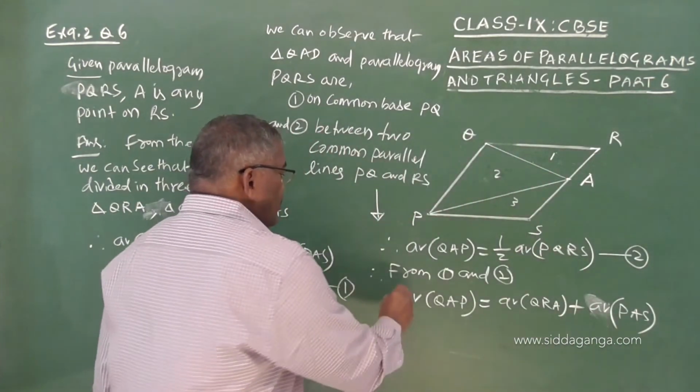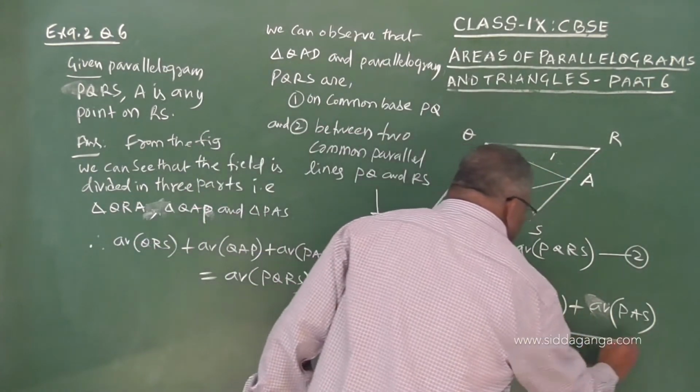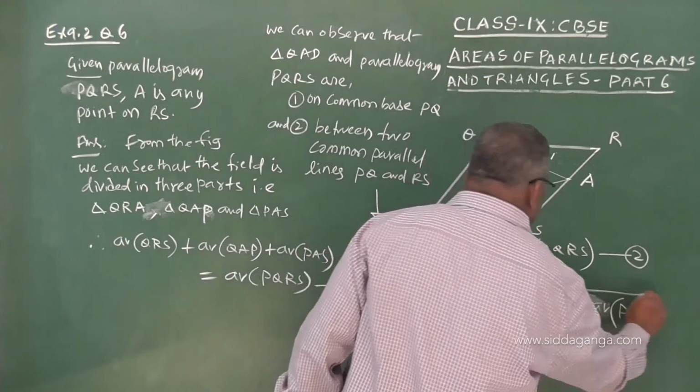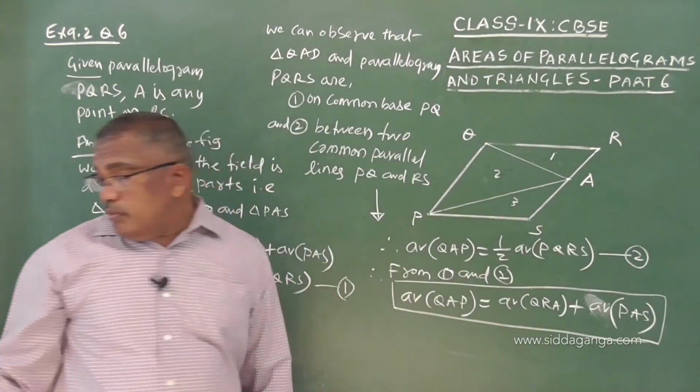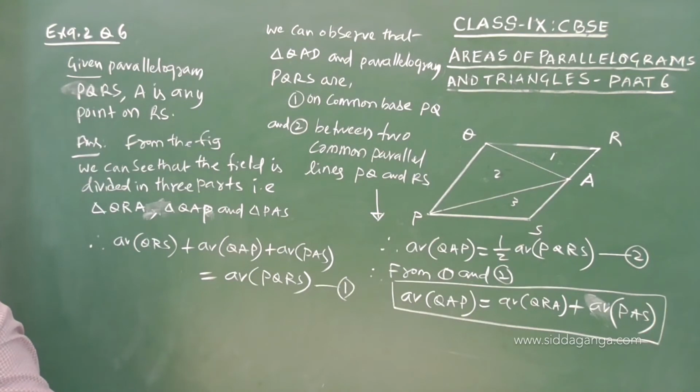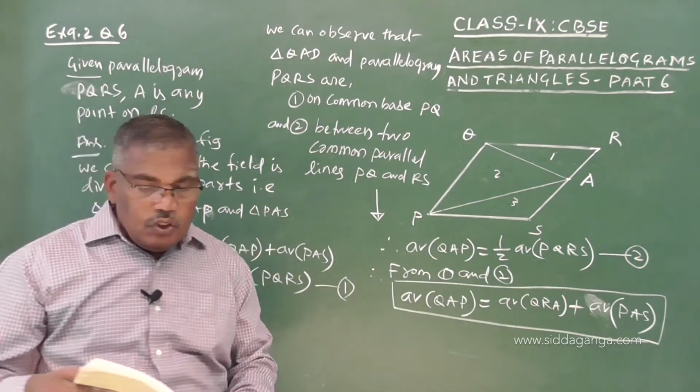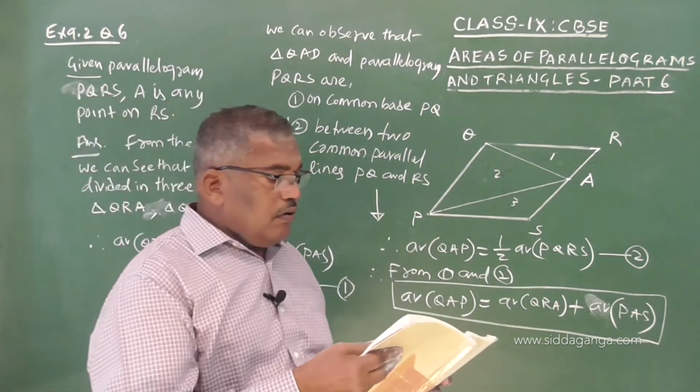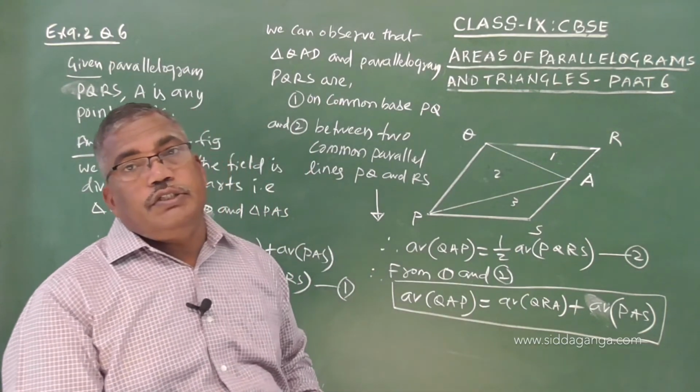So, what is the significance of this proof? Now, you go back to the question and read. The farmer wants to sow wheat and pulses in equal portions.